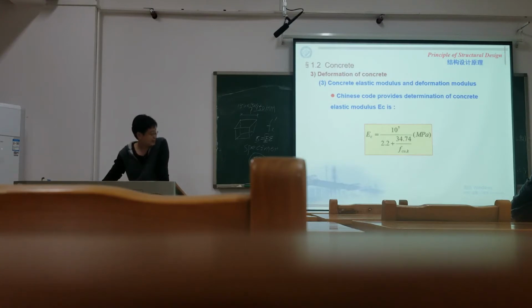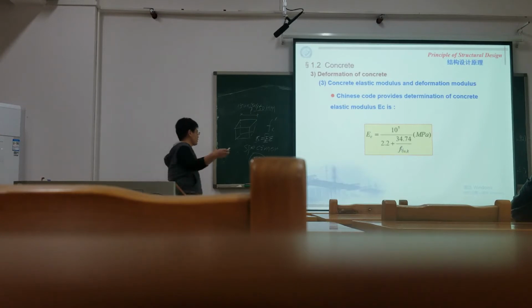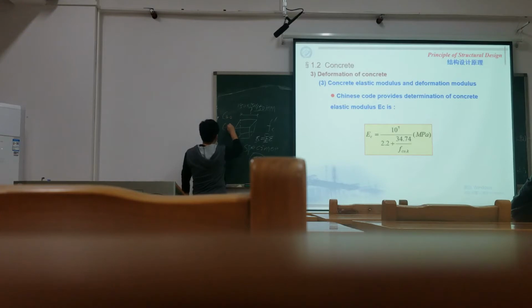Now you can calculate if this value is 40 and another value is 60. That means the compressive strength of one is 40 and the other is 60. What's the difference of the modulus? Use 40 and 60 to see the difference. How much is it?